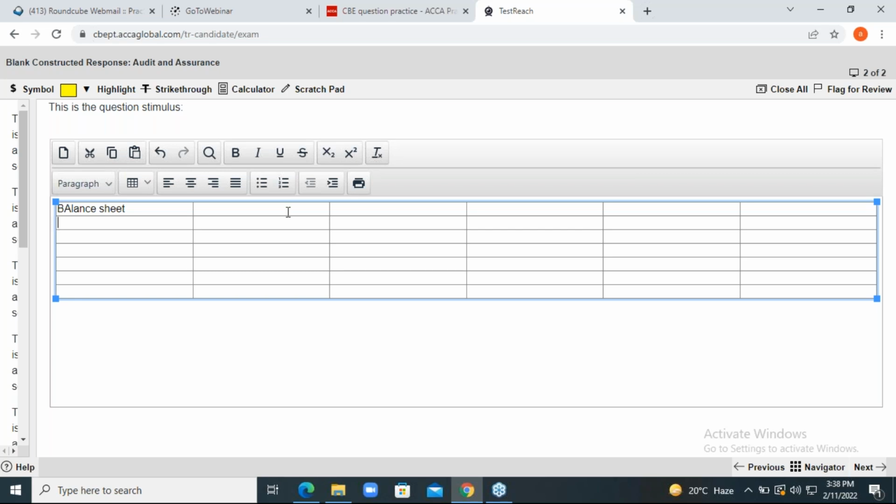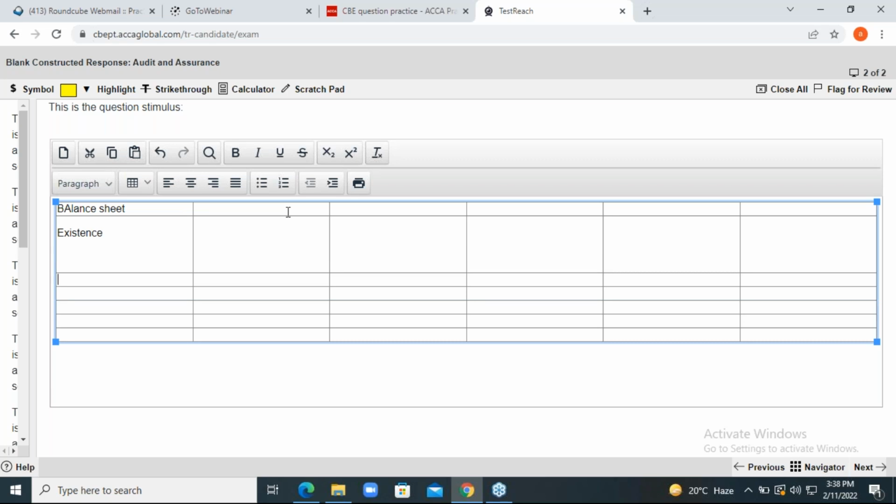Like for balance sheet heads, there is existence, then there is rights and obligations, then completeness, then valuation and accuracy and allocation, extra classification, and in the end, presentation.